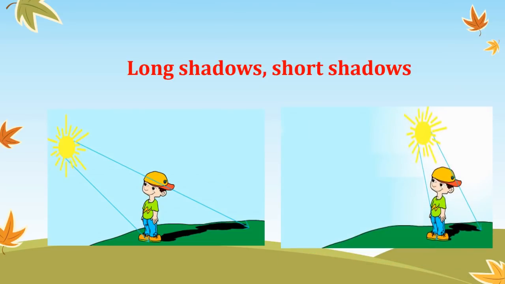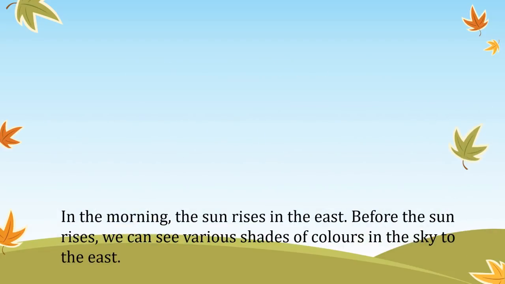So now we will study long shadow and short shadows. So anyone has seen the sun rising? Yes, very good. In the morning, the sun rises in the east. Before the sun rises, we can see various shades of colors in the sky to the east.